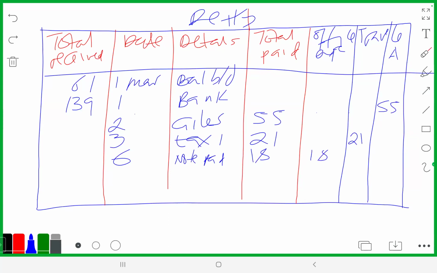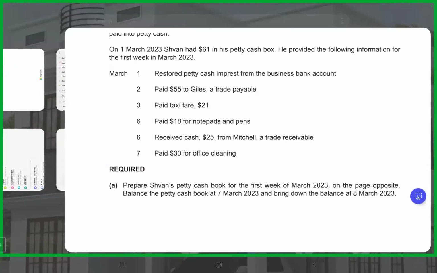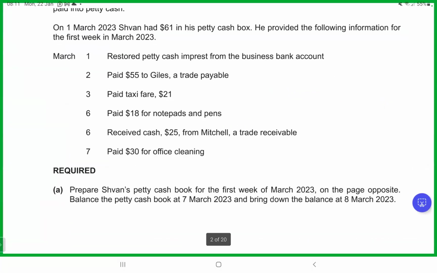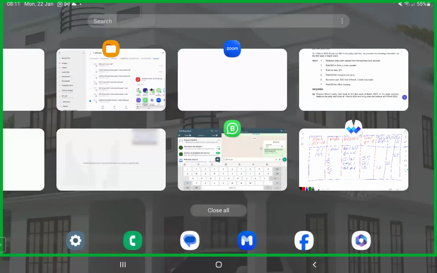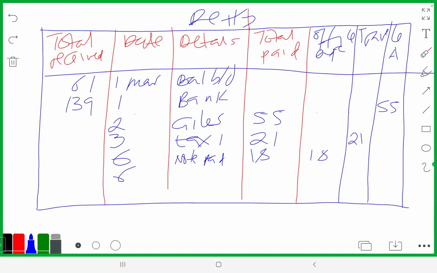And then on the same 6th, what happened? We are told that we restored the cash, 25. We received the cash, $25 from Michelle, a trade receivable. So it was a receipt. This is a receivable of 25 from Michelle.